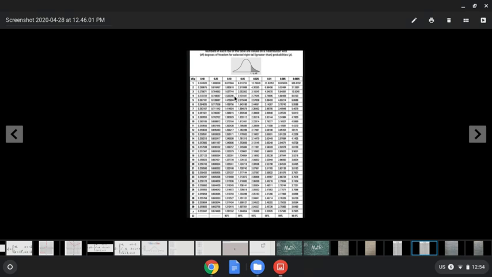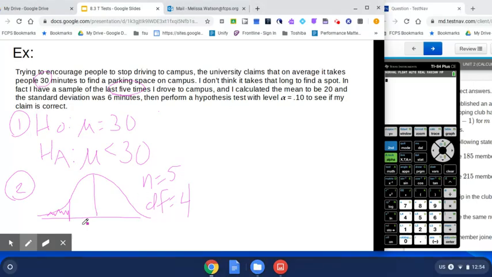I believe that's what that says, 1.533. But we do have a negative value because we're on the left side of the distribution. So my critical value is negative 1.533. Guys, my t-chart's a little bit different than yours just because I'm using one that's online, but it should be very similar, if not exact.